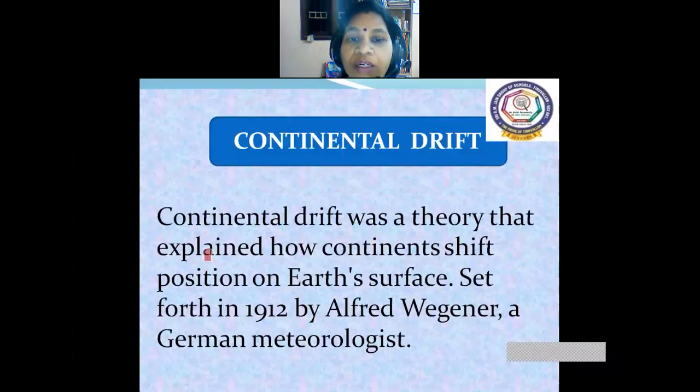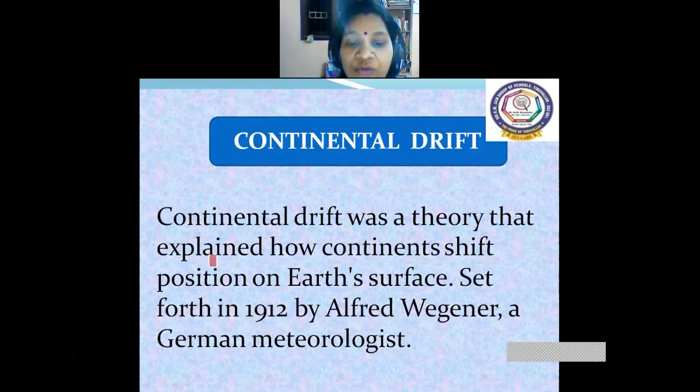See, continental drift was a theory that explained how continents shift positions on Earth's surface, how they were shifted. The continental drift theory shows how the position of the continents moved, how they broke, how they moved.